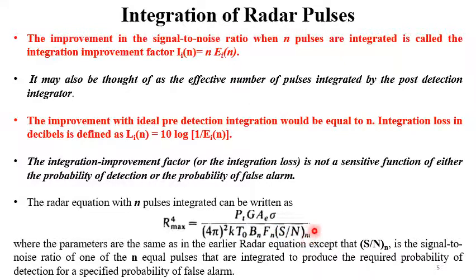So this is the new term, where the parameters are the same as in the earlier radar equation except this one, (S/N)_n. And this is the signal to noise ratio of one of the n equal pulses that are integrated to produce the required probability of detection for a specified probability of false alarm.